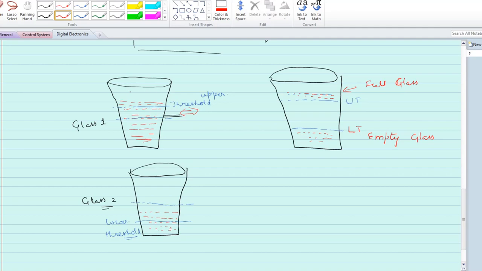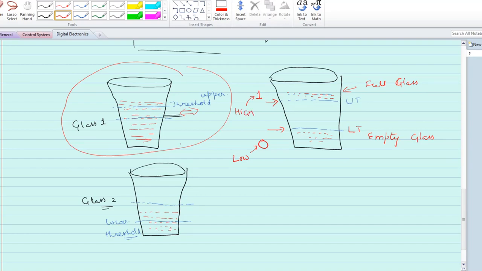So we characterize the condition according to these two positions, whether the glass is to be considered full or empty, and we assign two different values, that is either 0 or 1, and these 0 and 1 can also be written as low or high.